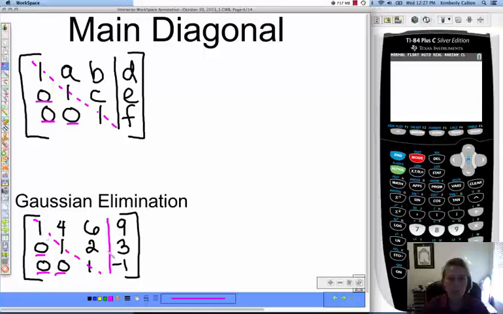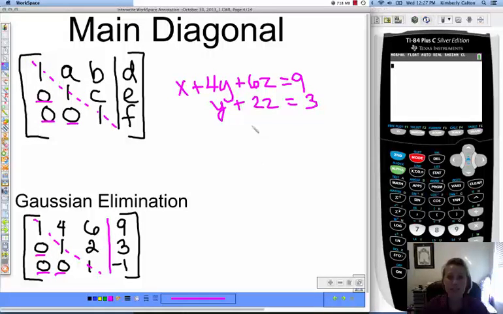For this problem below, we see that we have x plus 4y plus 6z equals 9. Likewise, on the second line, notice that we have no x variable because it's 0. So now we just have y plus 2z equals 3. And lastly, we have z equals negative 1.